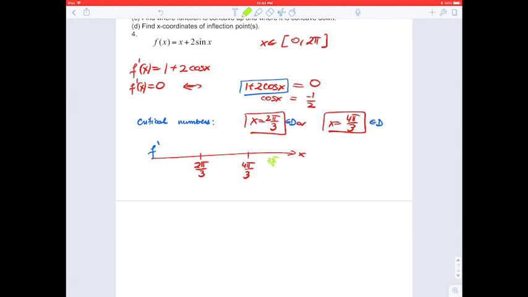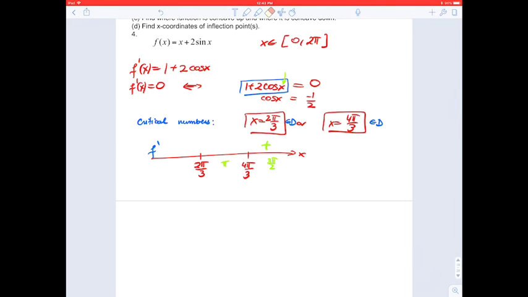Okay, 3 pi over 2. Cosine at 3 pi over 2 is actually 0. That means 0 times 2 plus 1, it's positive.